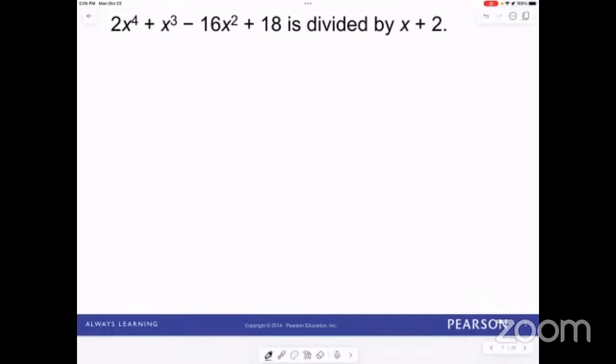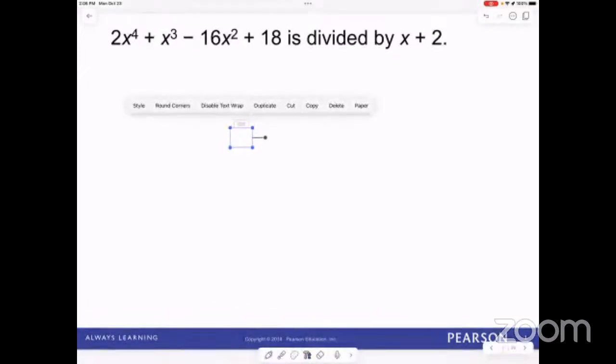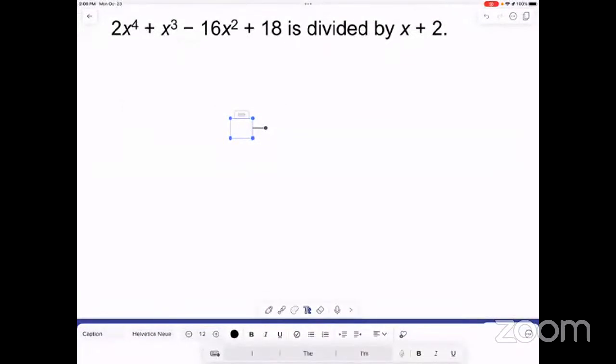Okay, so let's do a showcase of polynomial long division. So again, this procedure parallels long division, right? So our divisor, we're gonna have this x plus 2 divided into... Maybe that might look a little better. Give me just a moment. Let's do a text box. Let's do this paper.